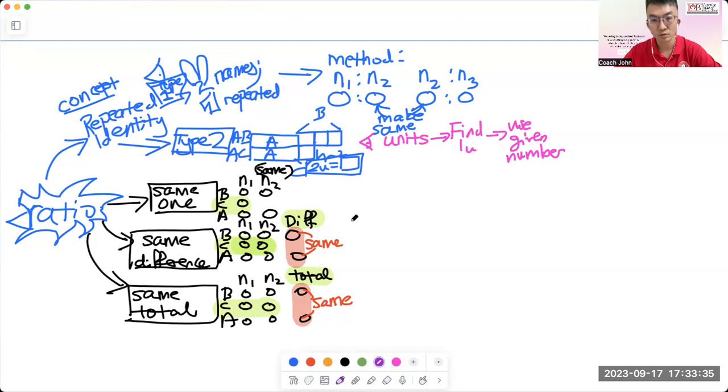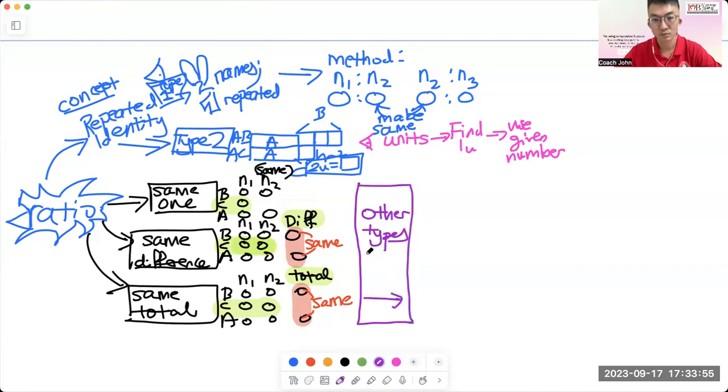So for same ratio, same difference, other types. Based on what I know for one unchanged, I think there's none. So none. Okay, just across.